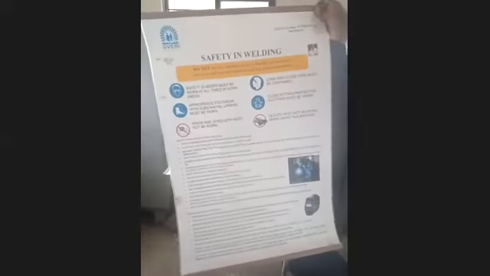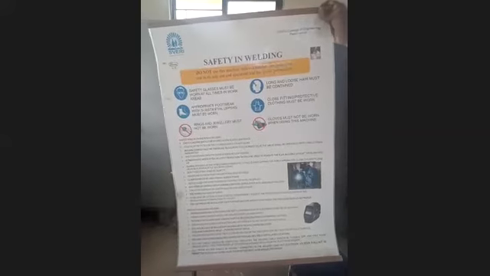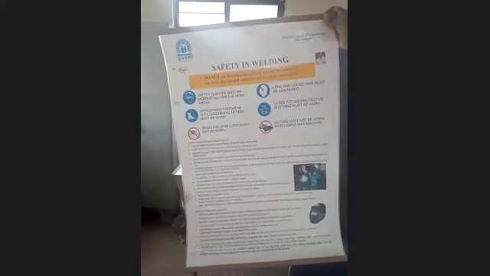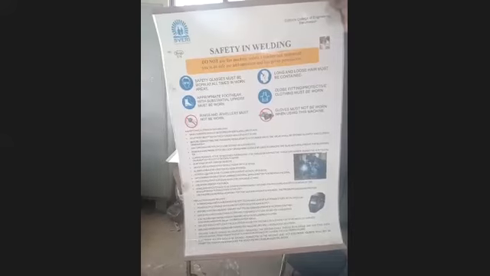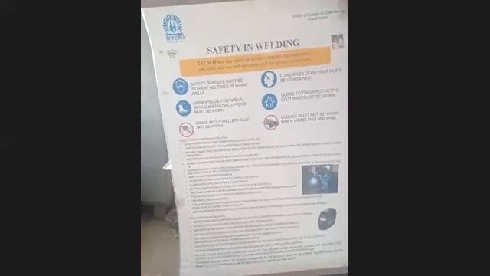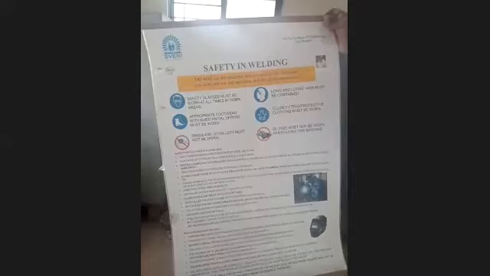Then I will show some certain precautions. While doing the welding process, we have to take some precautions into consideration. Safety glasses must be worn at all times in the work areas. Long and loose hair must be contained. Appropriate footwear with substantial uppers must be worn.